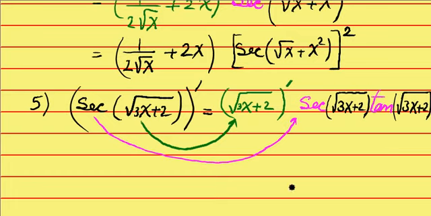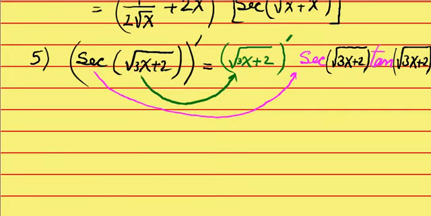Okay, now what is left to do? We still are struggling on the first piece of this thing, which was radical 3x plus 2. We want to differentiate that. Well, that is actually another example of a chain rule. What are the two functions? One function is square root, and the other one is 3x plus 2.